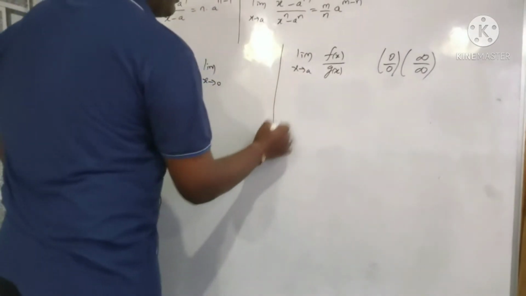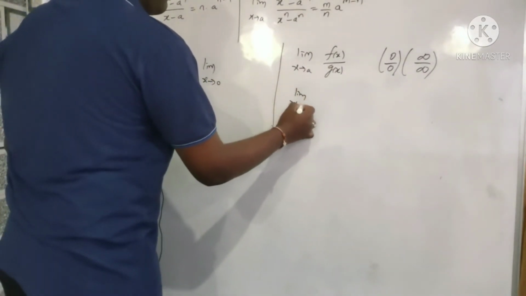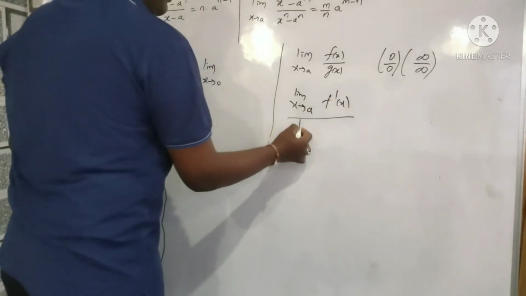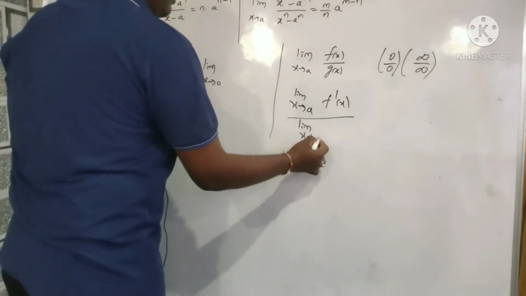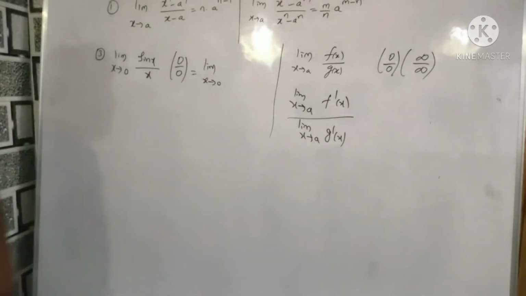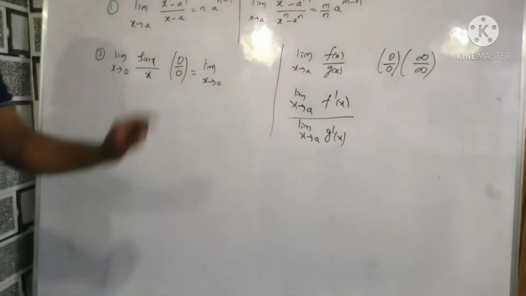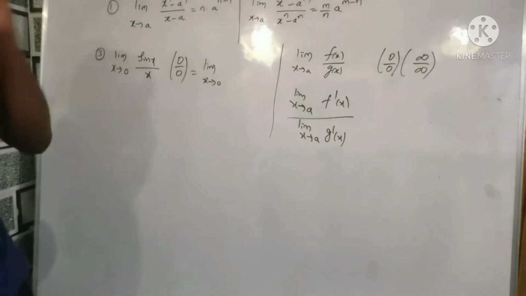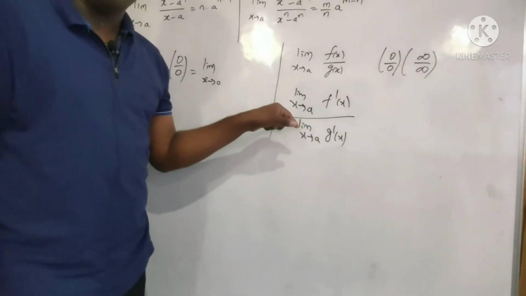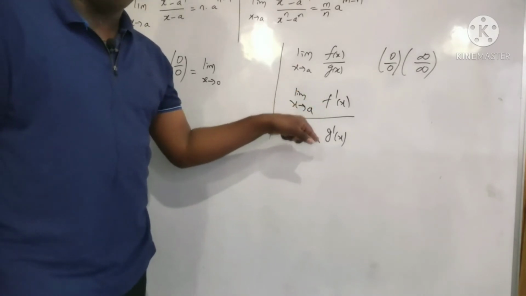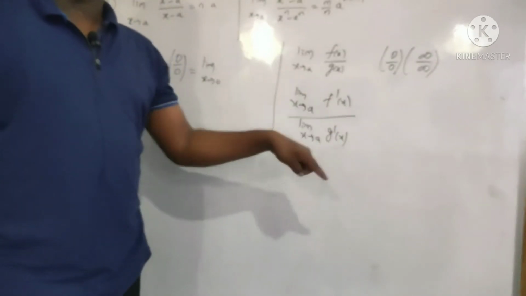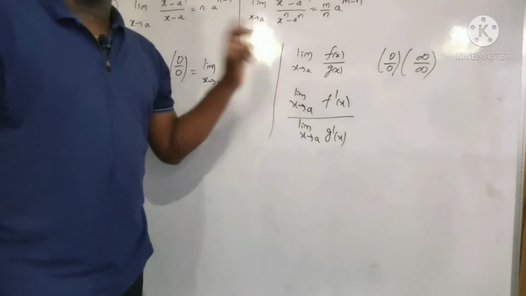It says the limit is f dash of x by g dash of x. It means you differentiate the numerator and denominator separately, then substitute the limit. Suppose after differentiation, when you substitute the limit, you again get 0 by 0 form, then you have to differentiate again. Like that you have to follow it.